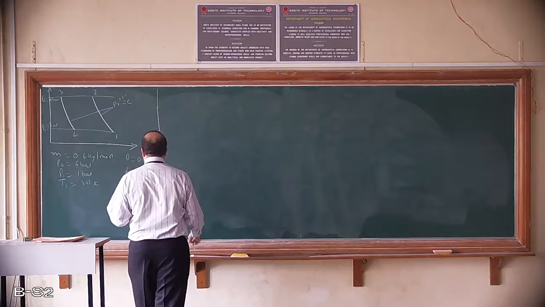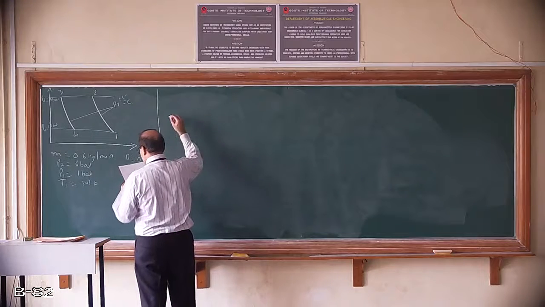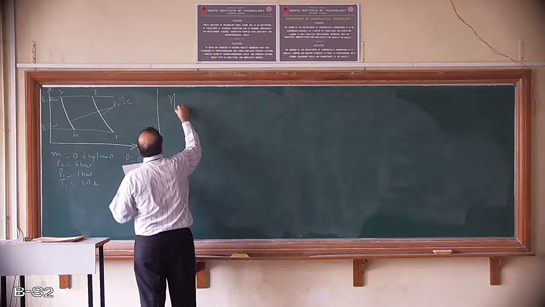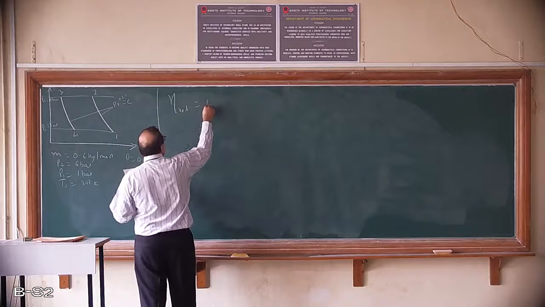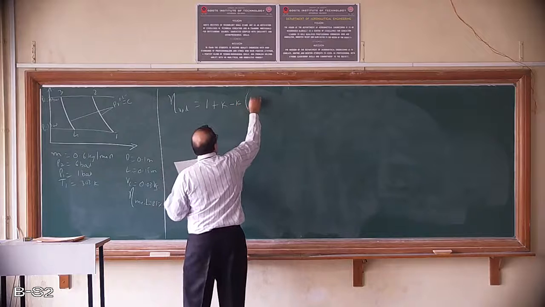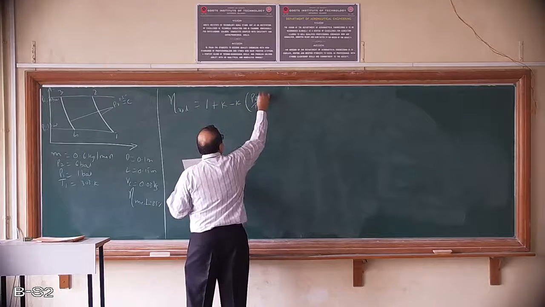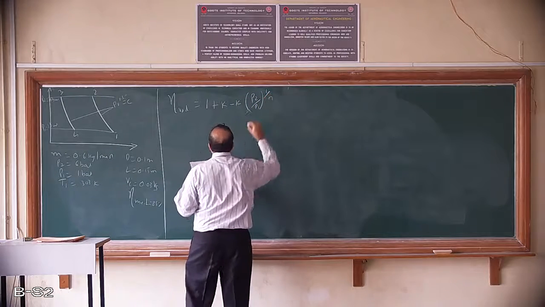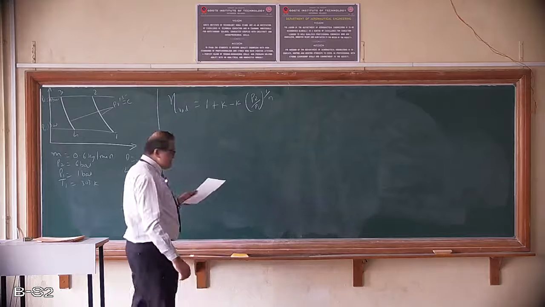So what is volumetric efficiency? Volumetric efficiency is 1 plus K minus K into (P2 by P1) to the power 1 by n. What is K here?